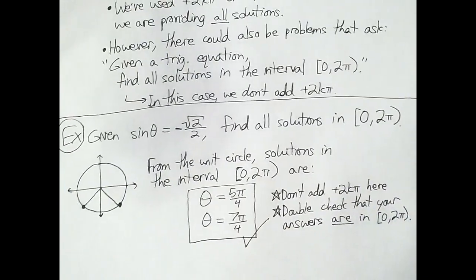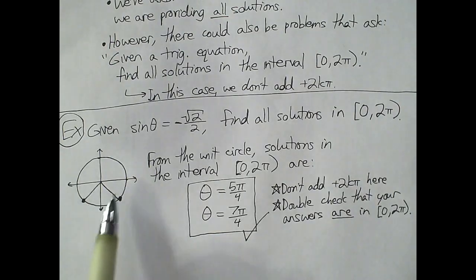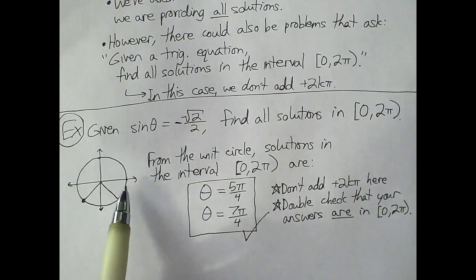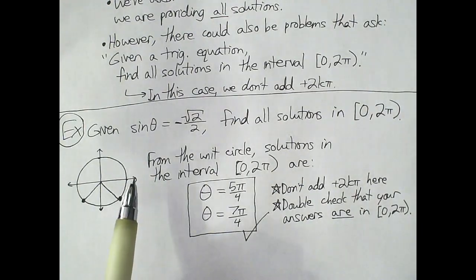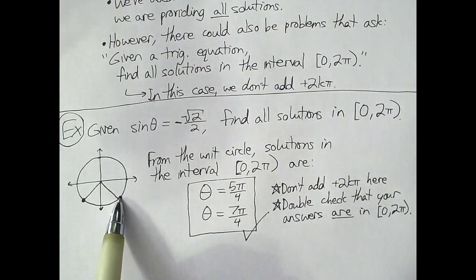That's the correct answer. The reason that I'm encouraging you to double check that your answers are in this interval is because there are other ways to get to these points. Like, what if you went in the negative direction? What if you said negative pi over 4? Is that okay for this problem? Like, theta equals negative pi over 4. That gets you to this point.